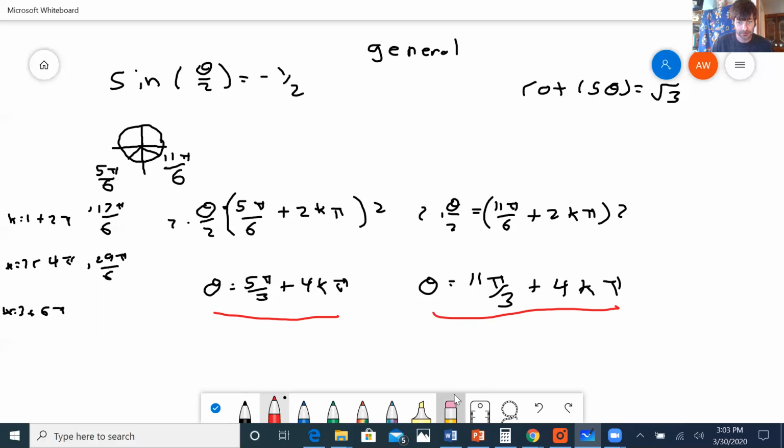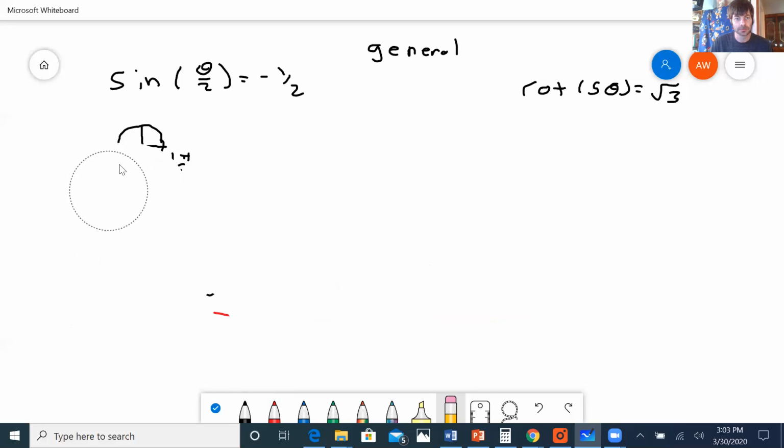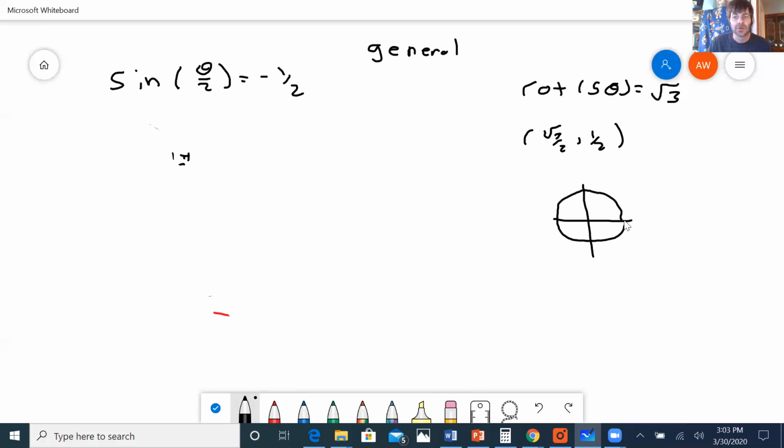So if the cotangent is √3, I guess that means the xy coordinate we're looking for is √3 over 2, 1/2. So that's going to be here at pi over 6. The period's pi, so I don't have to include this one as well.